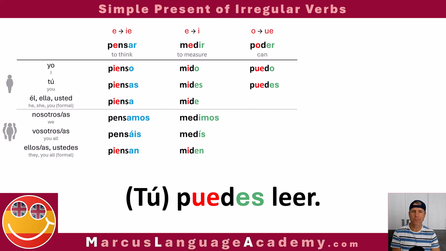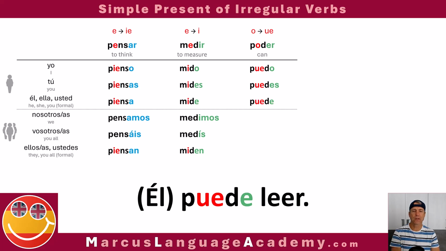And in second person, we would say tú puedes leer. We add ES again because it's a green verb and it stays irregular. And the third person, él puede leer. In Spanish, you have obviously él, and ella would be she.